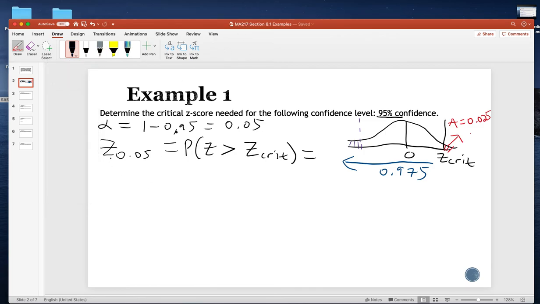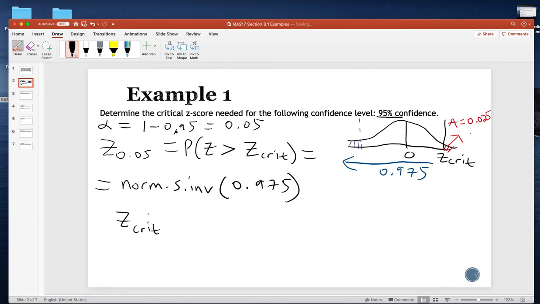So for the critical z-score at 0.05, we need to then put into Excel norm.s.inv of 0.975, and that will give us a critical z value.